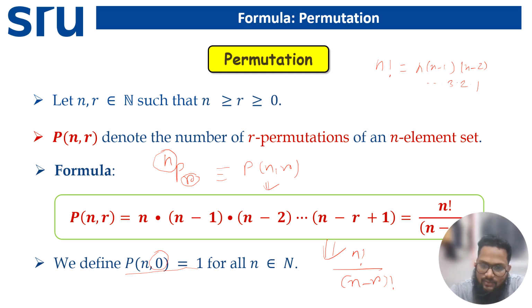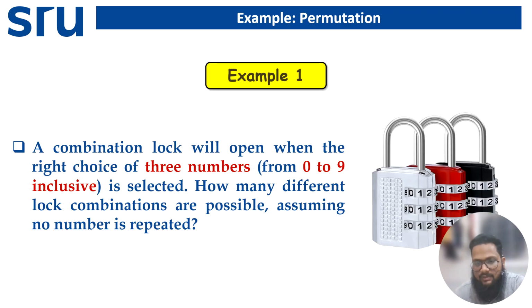Now we will use some examples to understand this concept, where we are using the permutation and combination formulas. First we will start with an example for permutation. Please remember, we use permutation where order is important. This is the important thing. Now here is one example. Suppose you have a lock, and the password of this lock is 3 digits, right?